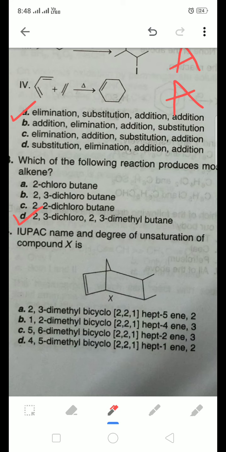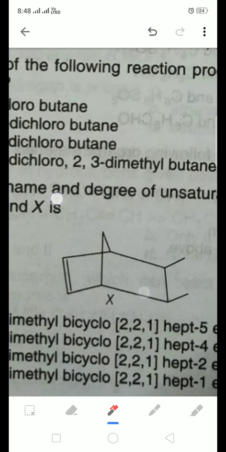So first we would start our naming, which is 1, then this is 2, 3, 4, 5, 6, and this here is 7. Please don't name the alkyl groups substituted here.